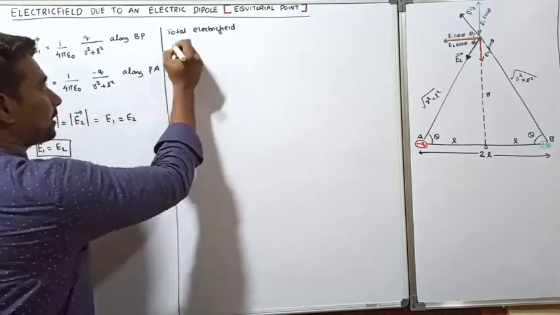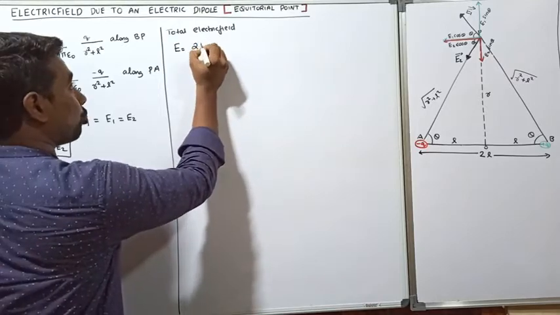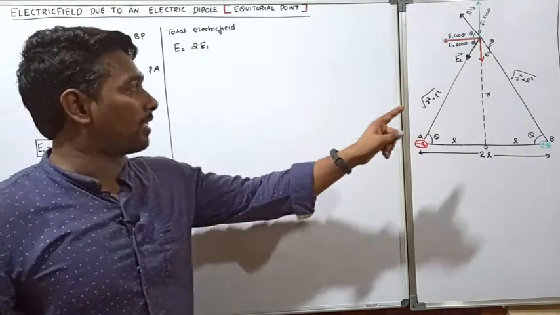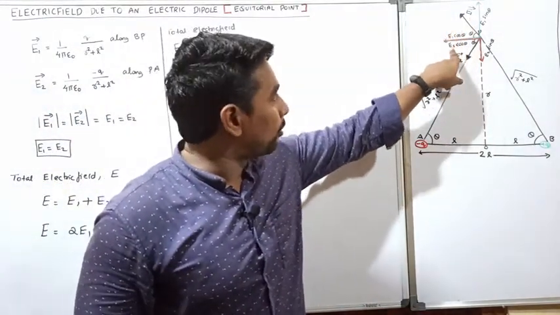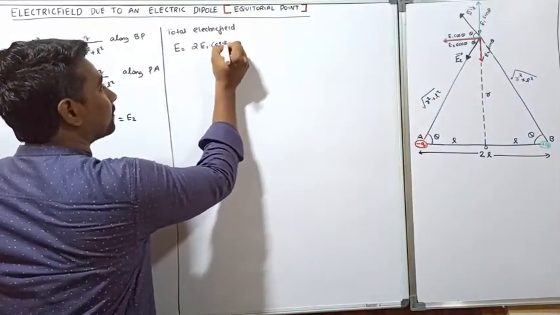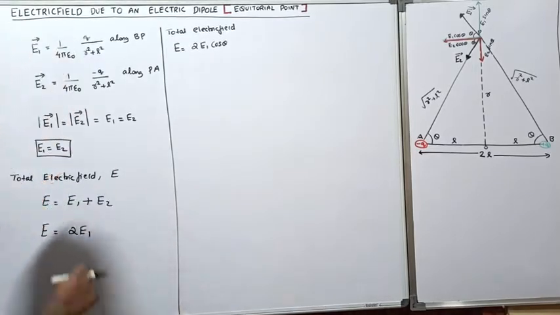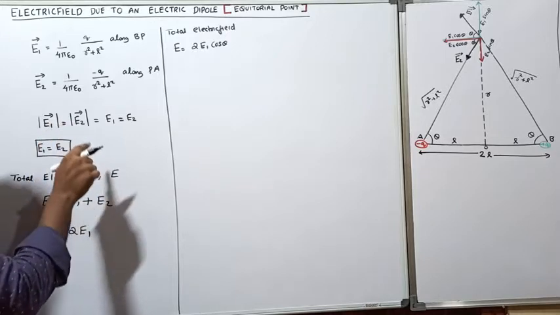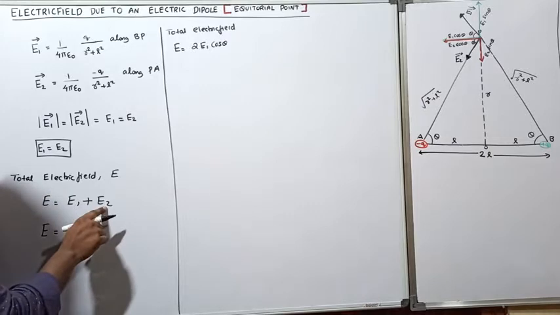That means the total electric field, you can write it as E is equal to what? 2E1. But E1 has a component E1 cos theta and E2 has a component E2 cos theta. That means you have to write it as 2E1 cos theta. You got the point? That vector E1 means its component is E1 cos theta, and for this one E2 cos theta.